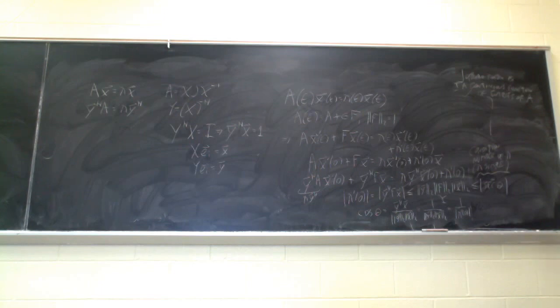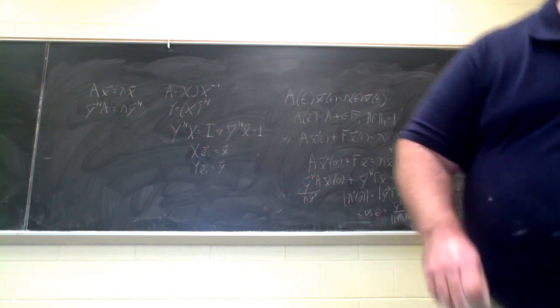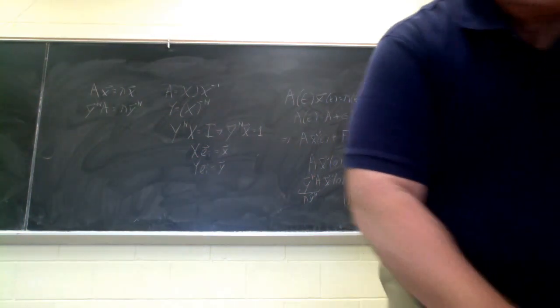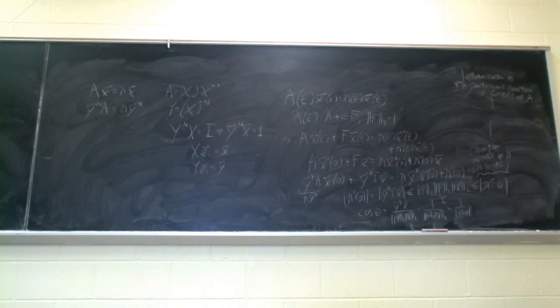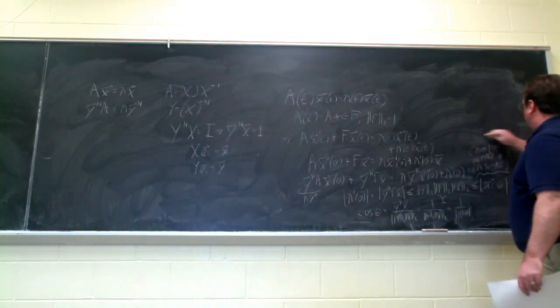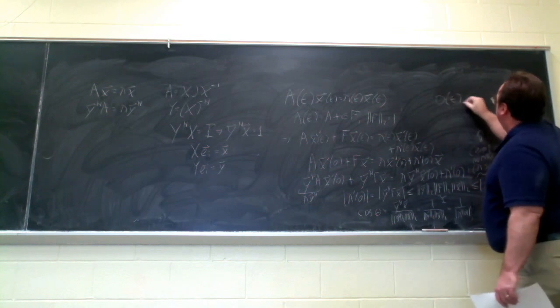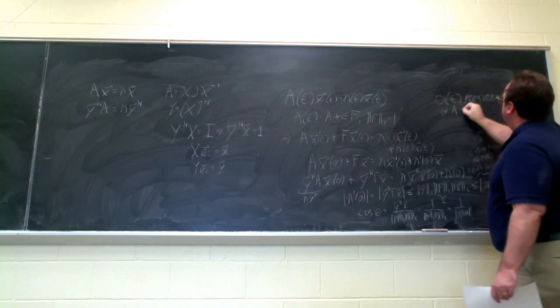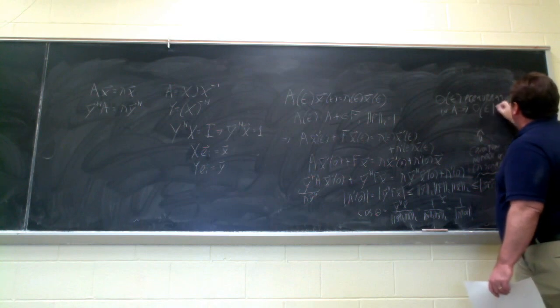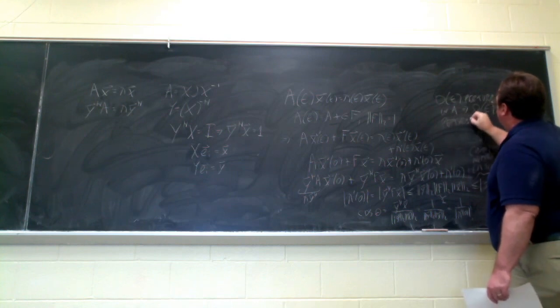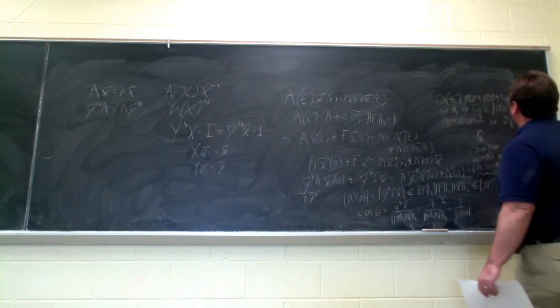So the way we interpret this condition number is that an order epsilon perturbation in A leads to an order epsilon times this condition number perturbation in lambda.